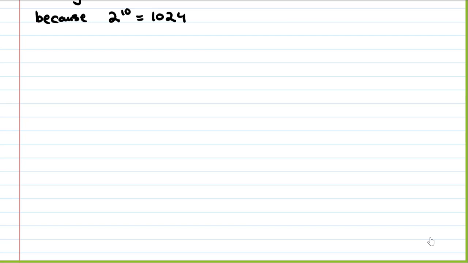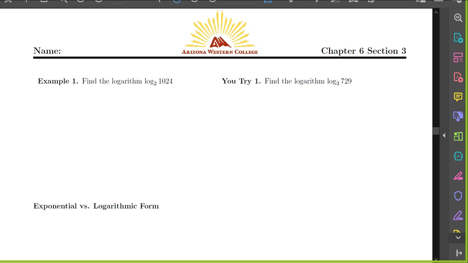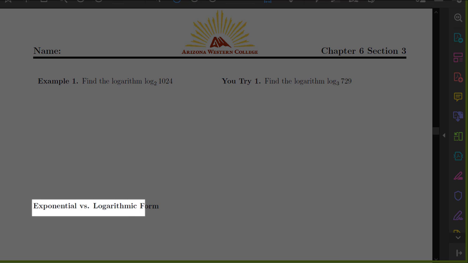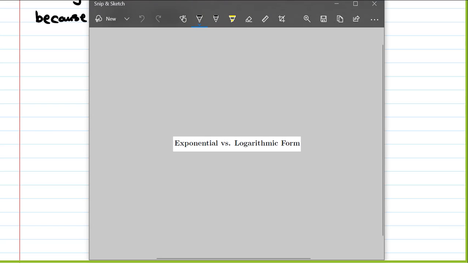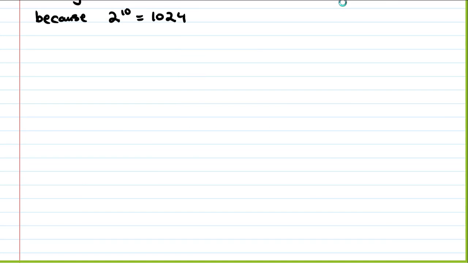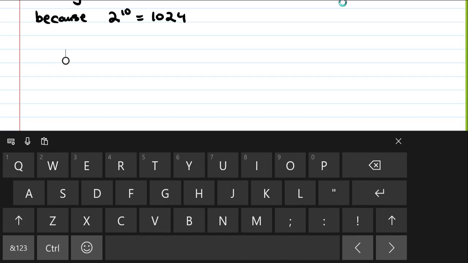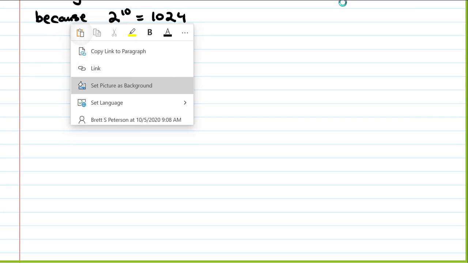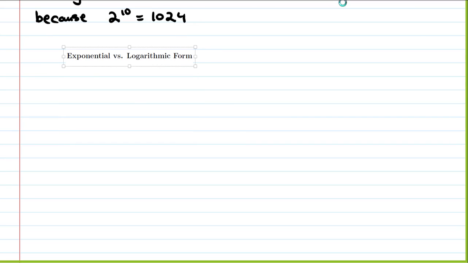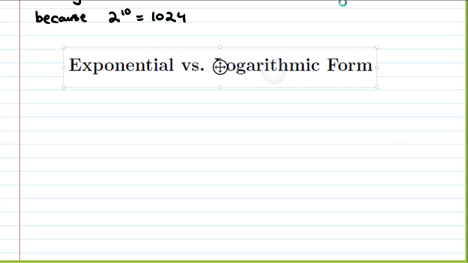All right, so let's take a look at our next thing, which is we want to talk about exponential and logarithmic form. So as we've just seen, exponentials and logarithms are inverses of each other.